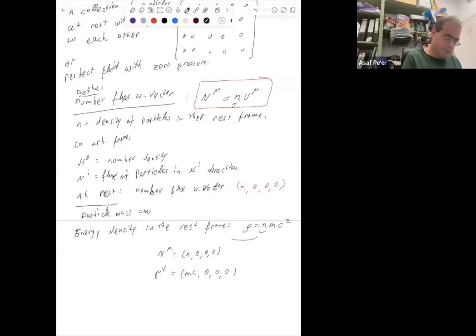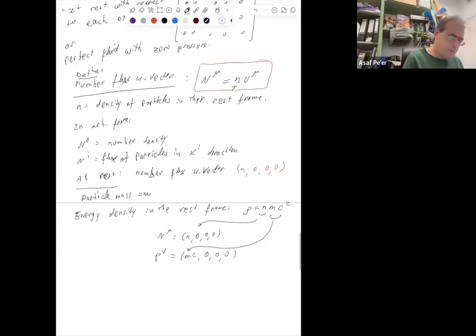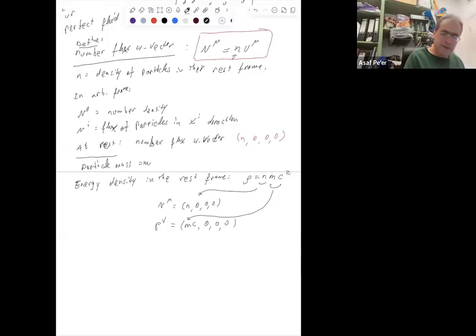So we can think of rho as the 0,0 component of a more general tensor, which is measured in the dust rest frame.